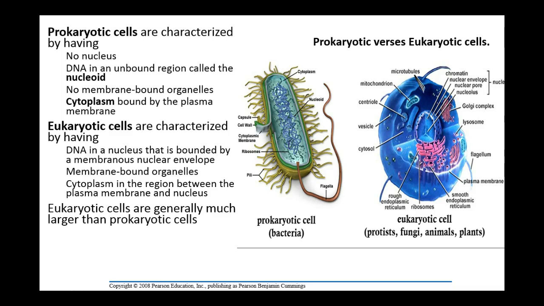You have little pores, little openings that allow eventually RNA to exit. RNA is the helper of DNA. You have membrane-bound organelles that each have their own unique function, and cytoplasm in the region between the plasma membrane and the nucleus. So you have a fluid environment.